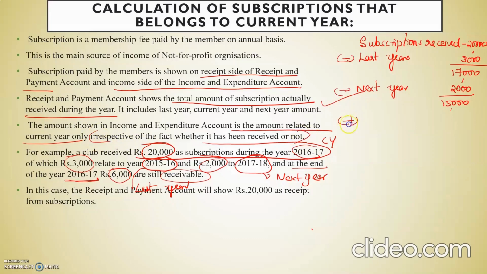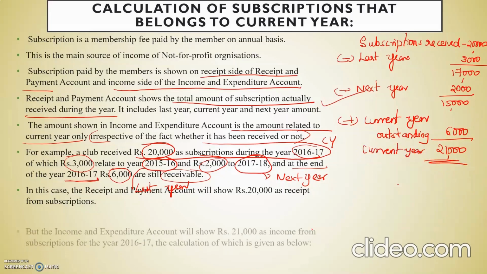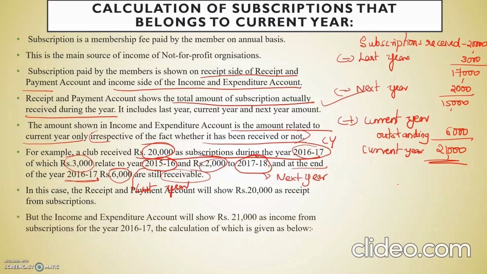That is why add current year outstanding 6,000 rupees. Now the total amount of subscription that belongs to current year is 21,000. This amount will be entered in income and expenditure account.